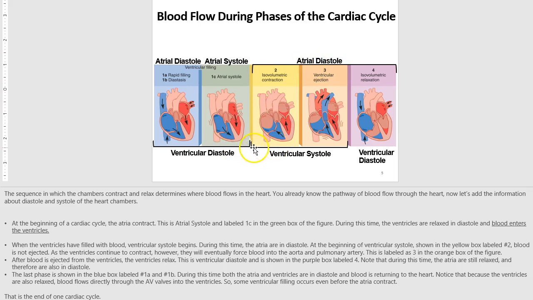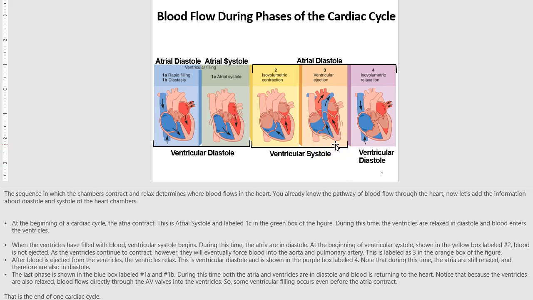At the beginning of ventricular systole, shown in the yellow box labeled number 2, blood is not ejected. The ventricles continue to contract, however, and they will eventually force blood into the aorta and the pulmonary artery. So this is the orange box, and that shows ventricular ejection.